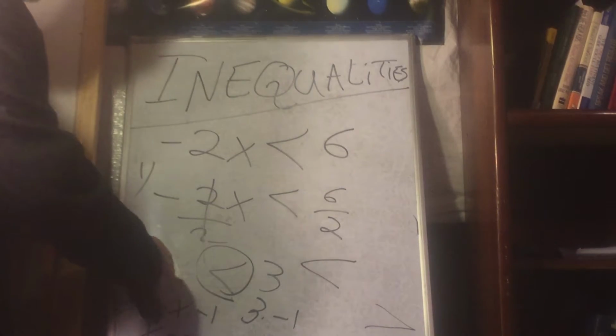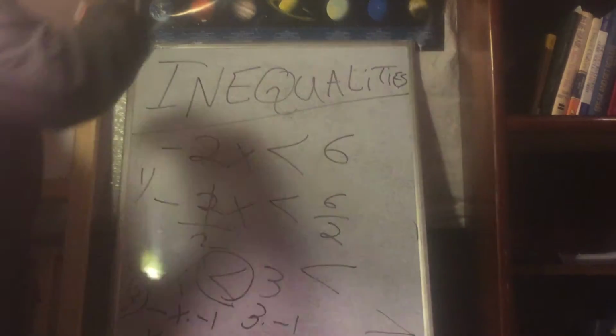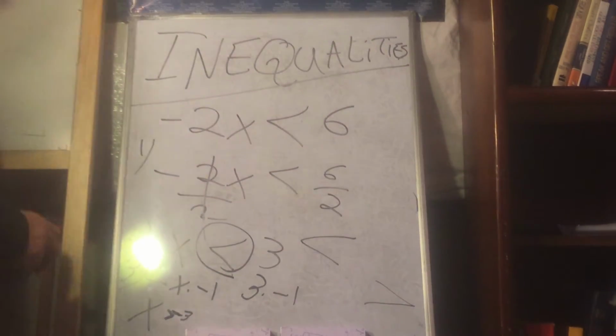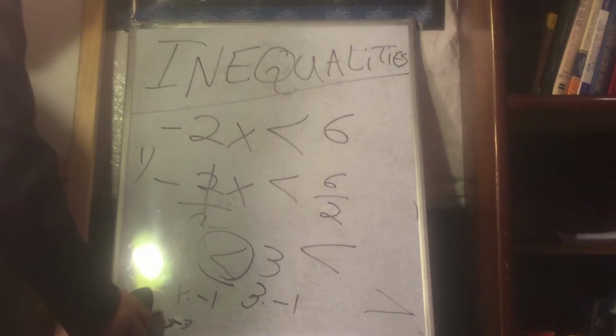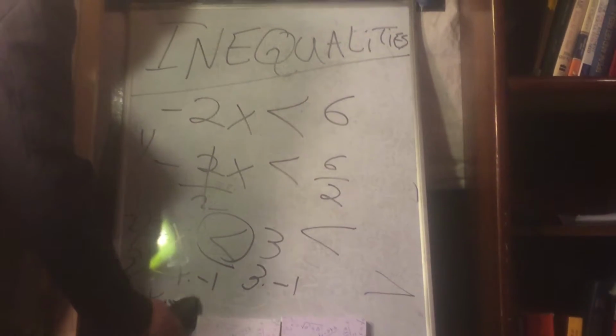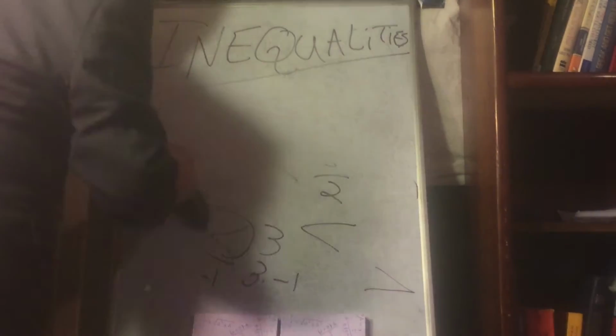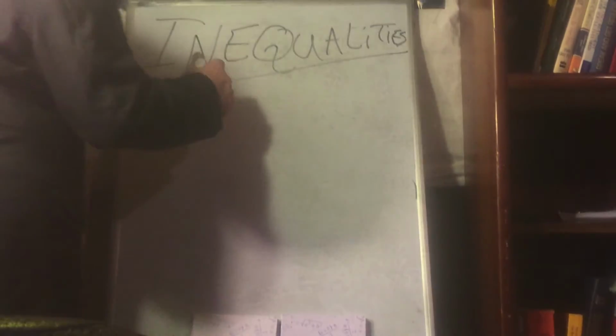And here, negative x was less than 3. Over here, x is greater than negative 3. You can rewind the video on your computer when you need to. Now, another example of inequality, and that's it for inequalities.